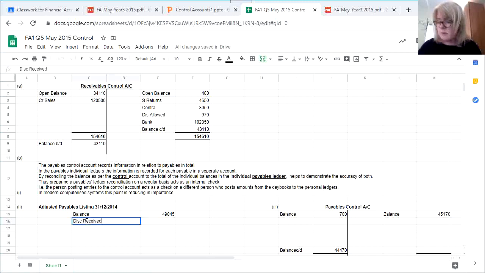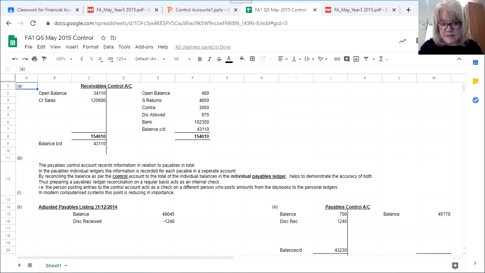So as we were paying our payables, we got a discount, and that was 1240. I'm just showing that as a minus figure that would reduce the main balance that I owe to my payables. And it also has to go into the control account, and a discount received would obviously reduce the main balance on the payables, so it will be the opposite side, so debit the payables control account there with the 1240, and that's that.